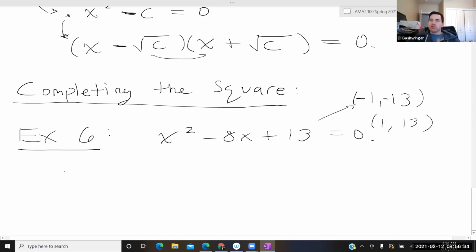But the idea is to add something onto it so that you can factor it. Let me write down the first step. The first step is to divide the middle term by 2 and add and subtract the result.